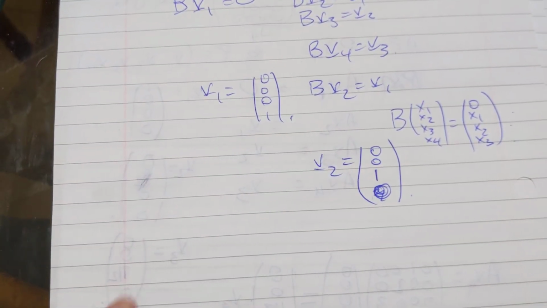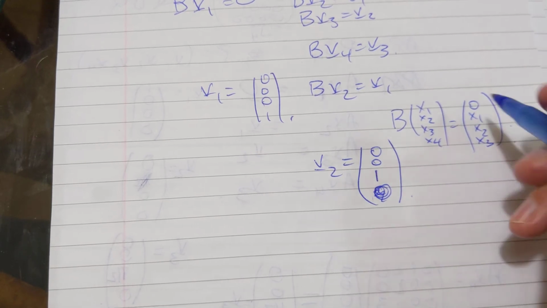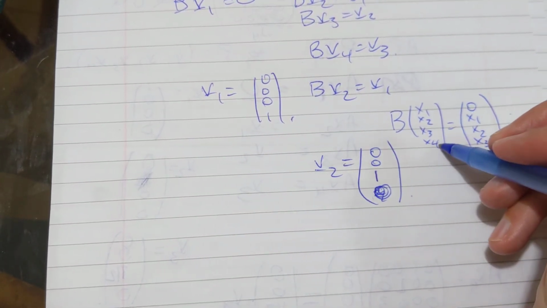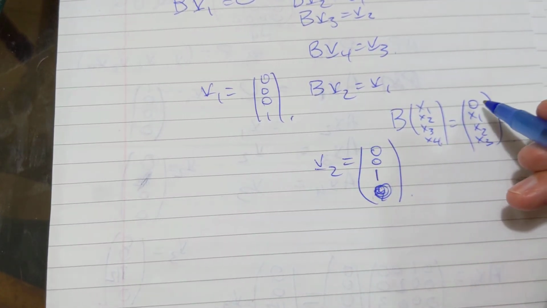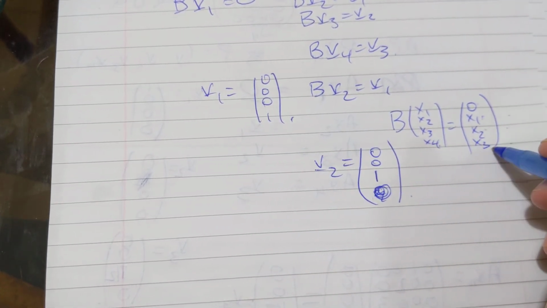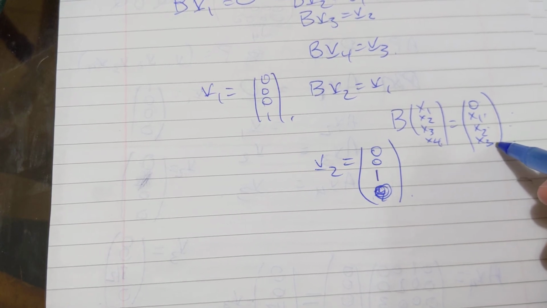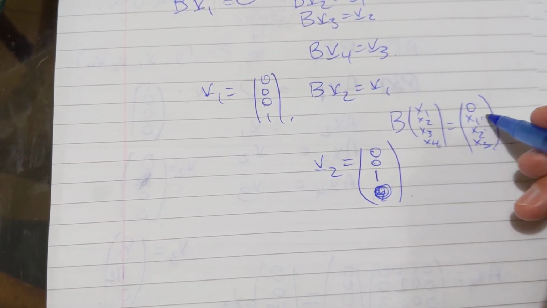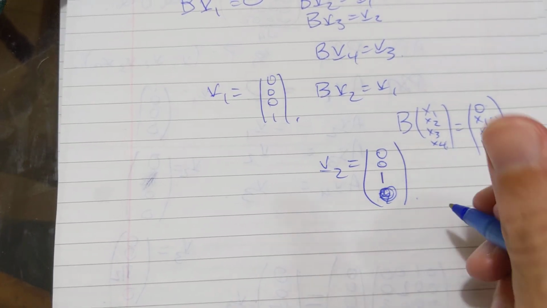That's V2. Now I want B times x1, x2, x3, x4 to be V2, so I want it to be 0, 0, 1, 0. Again, x4 doesn't matter, but x3 has to be 0, x1 has to be 0, and x2 has to be 1.